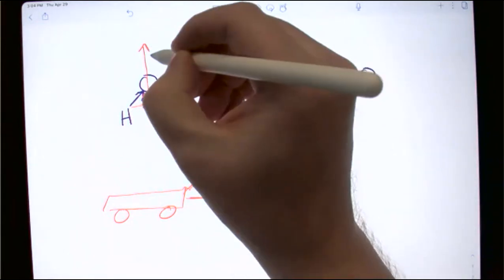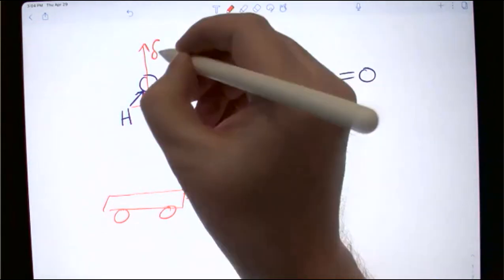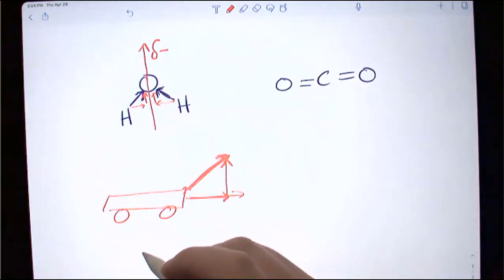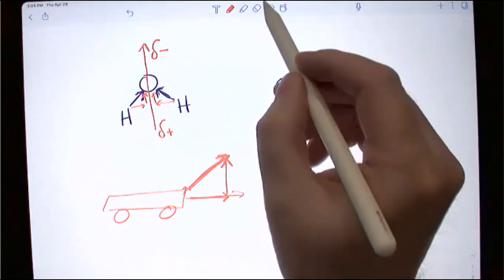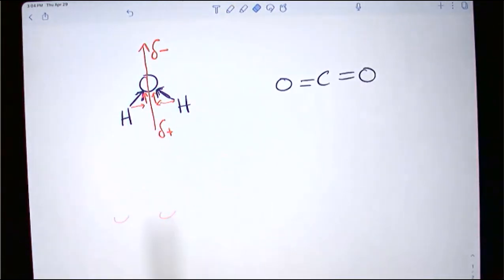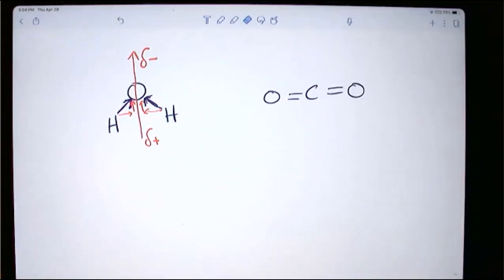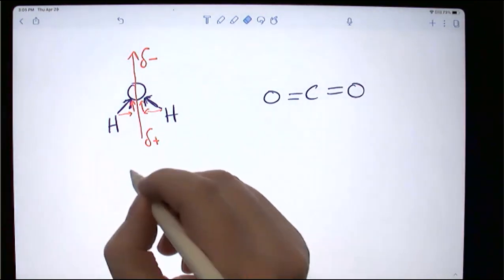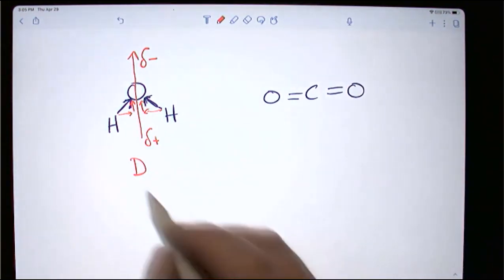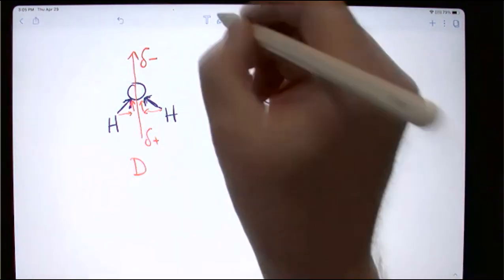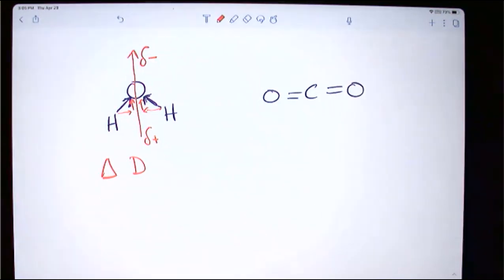Oxygen was more electronegative. So we say there's a partial negative charge on oxygen. There's a partial positive charge down here. Is everybody familiar with that Greek letter? No. Okay. In English, we write a capital D. In Greek, you write a capital D like that. In Greek, you call it delta.